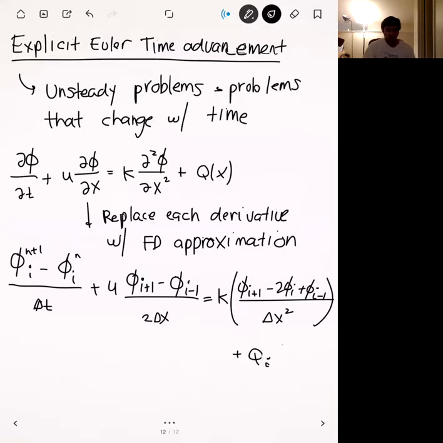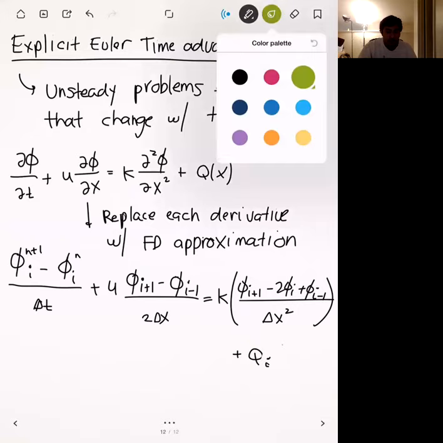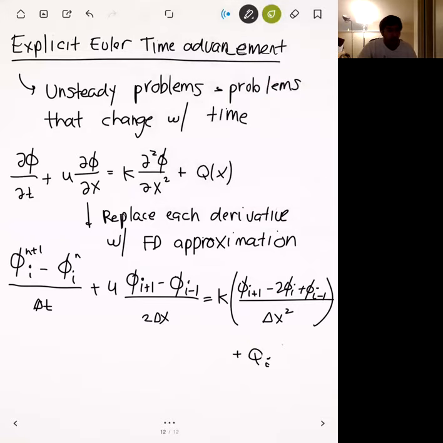And so the way that we obtain a time marching scheme is that a time marching scheme is nothing more than a way to solve for phi at n plus 1.